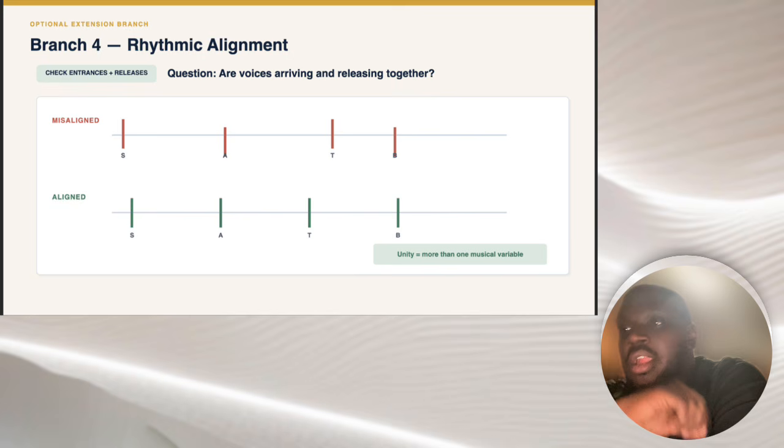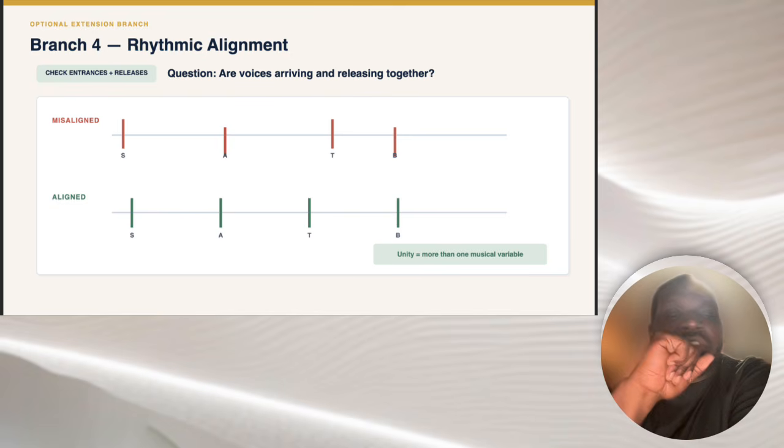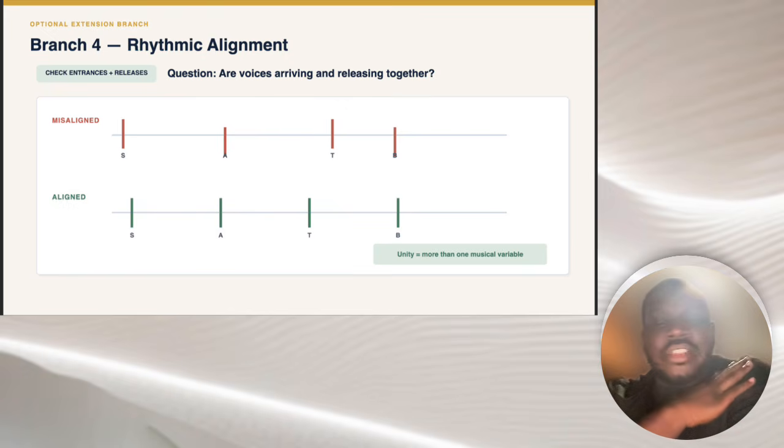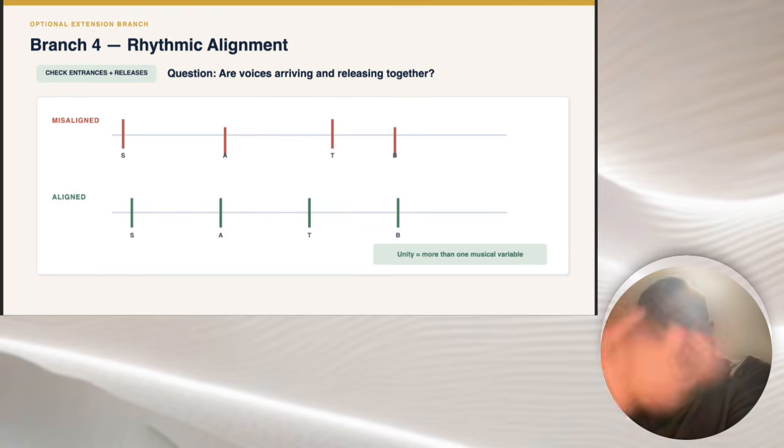Even when the pitch, the dynamics, and the vowels are improved, a choir can sound ununified if consonants, entrances, or releases happen at different times. So let's pretend, for example, we look at this misaligned example. The sopranos are on it, hallelujah, but altos are hallelujah, and tenors are hallelujah.